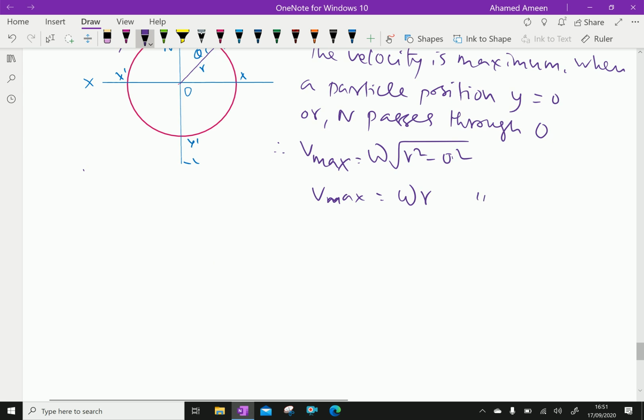Let this be equation 1. It may be noted from equation 1 that velocity is 0 when y equals r.